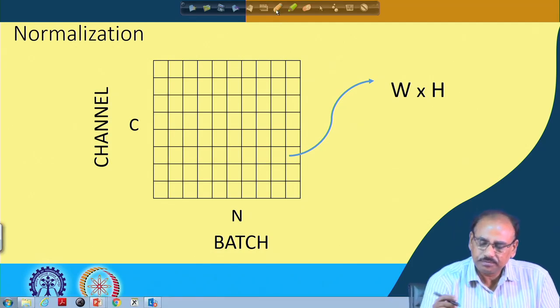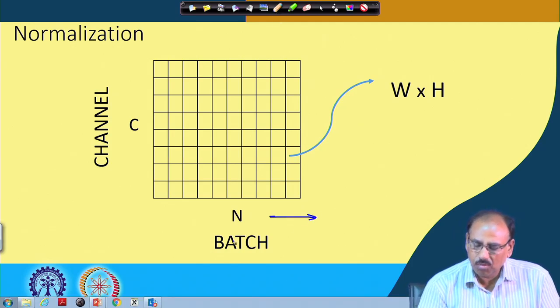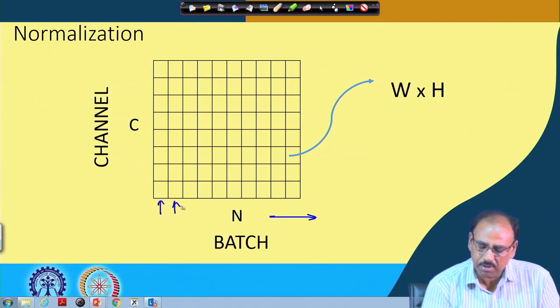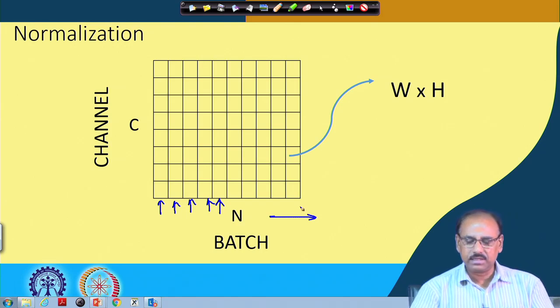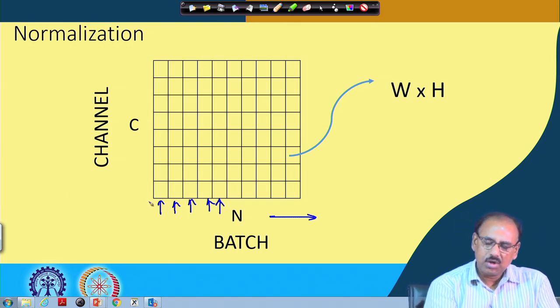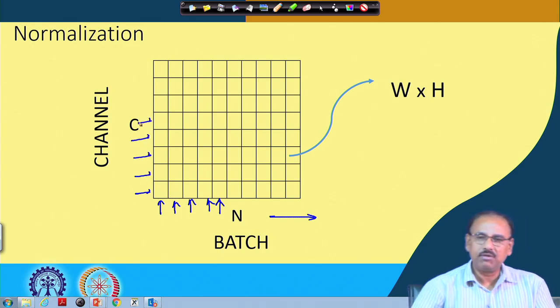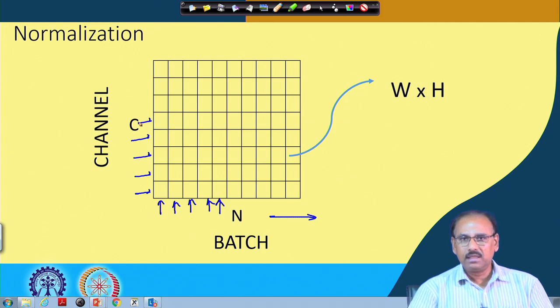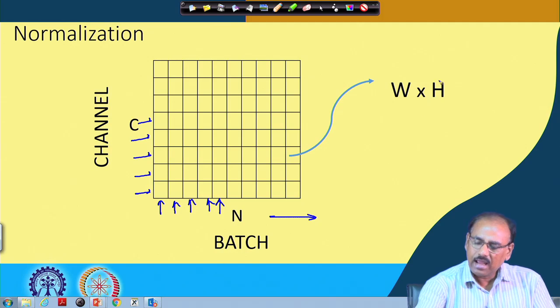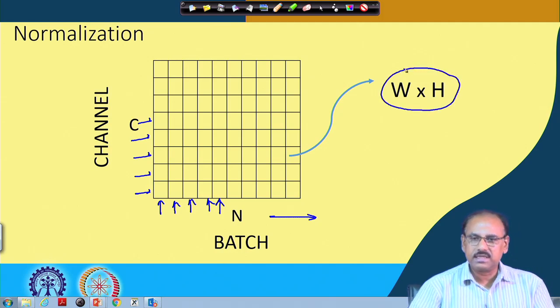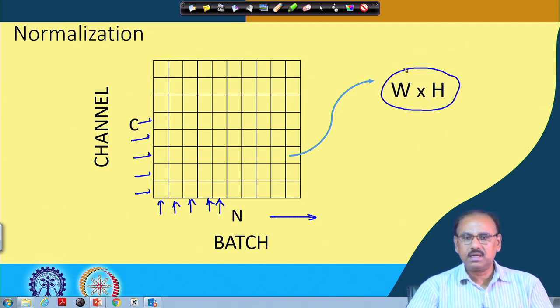In the horizontal direction, I put the different training examples in a given batch, say B. In the vertical axis, we have put the different channel indices. Obviously the number of such channels is the same as the number of convolution kernels. Each channel has a width W and height H, and all these channels concatenated together give you the feature map.